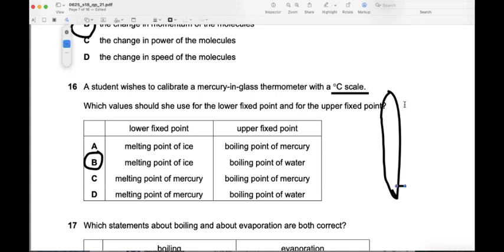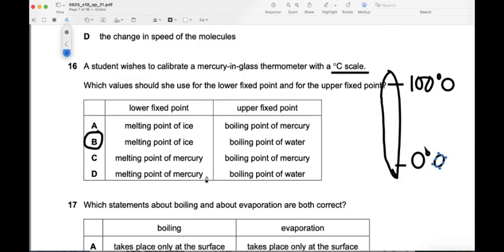You have the lower fixed point, you have the upper fixed point. There are 100-degree divisions between the lower fixed point and the upper fixed point. This is 100 degrees Celsius, which is the boiling point of water, and this is 0 degrees Celsius, which is the melting point of ice.